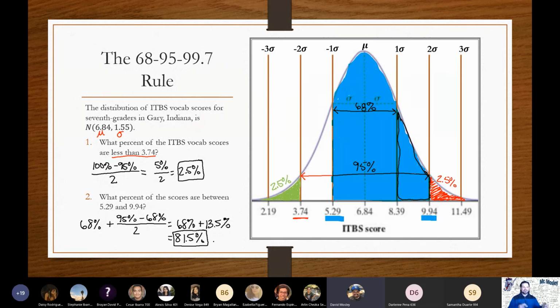So again, I'm using the defined amounts, the 68, 95, 99.7, and then some reasoning and a little bit of math to figure out the percentages in the given portions. Right, what questions do you have? How can I help? What can I just clarify?